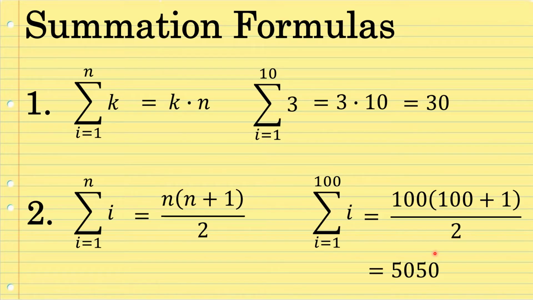The result of this rather simple expression is 5,050, which again represents the sum of 1 plus 2 plus 3 plus 4, the whole way up to 100. This formula can be used regardless of the value of n, no matter how large or small it is, to quickly find a sum.